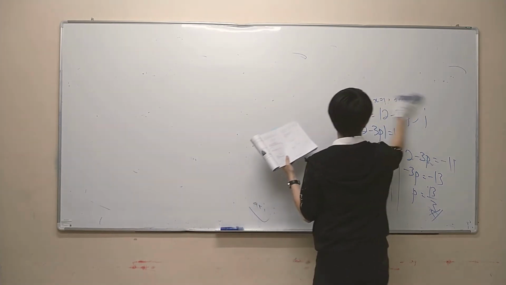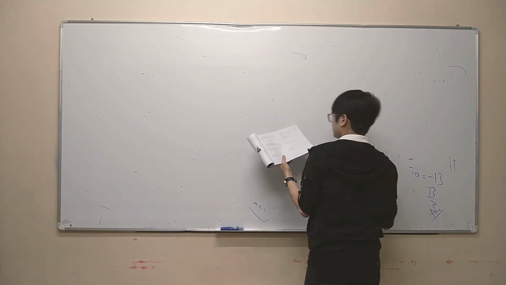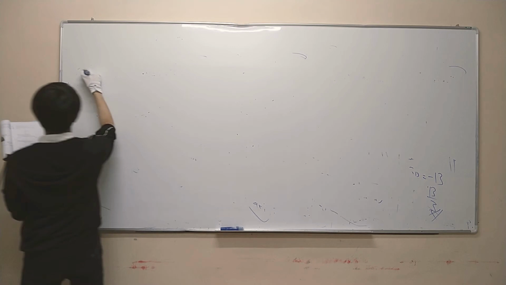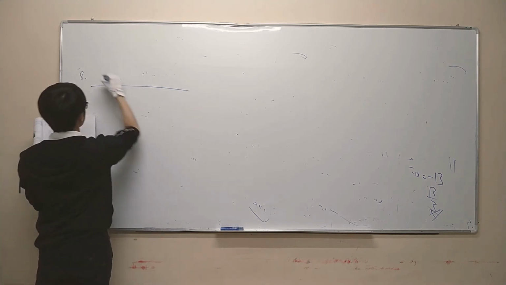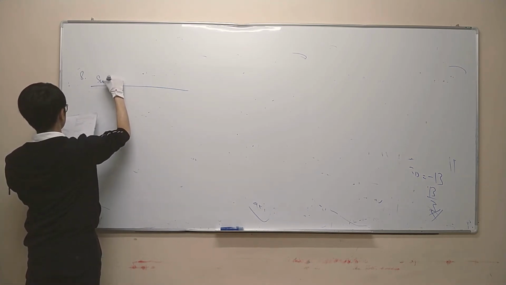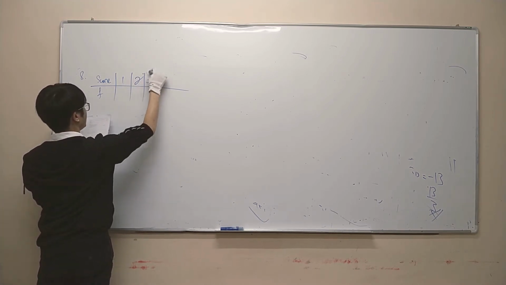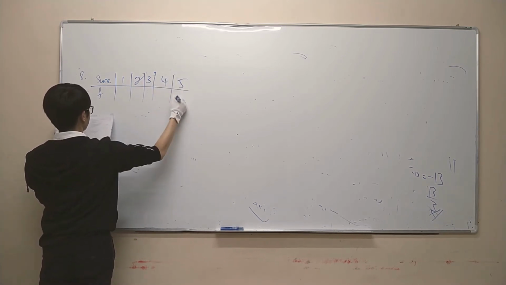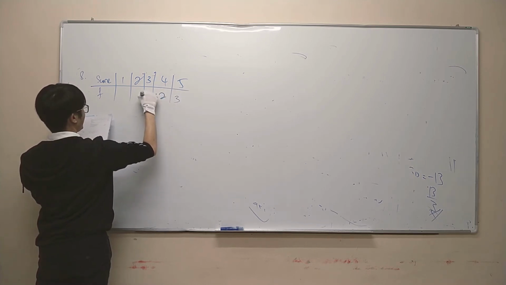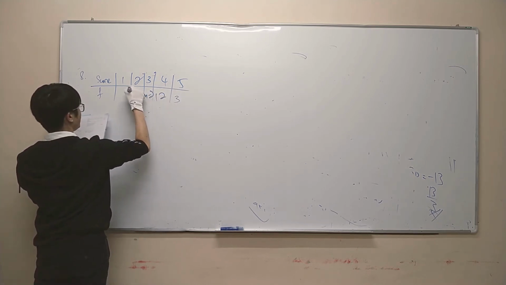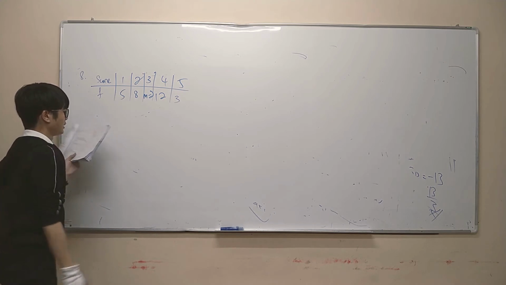Okay, number 7 and number 8. So number 8 is statistics. Okay, let me draw it first. Score, frequency, 1, 2, 3, 4, 5, 3, 12, n minus 2, 8, 5.